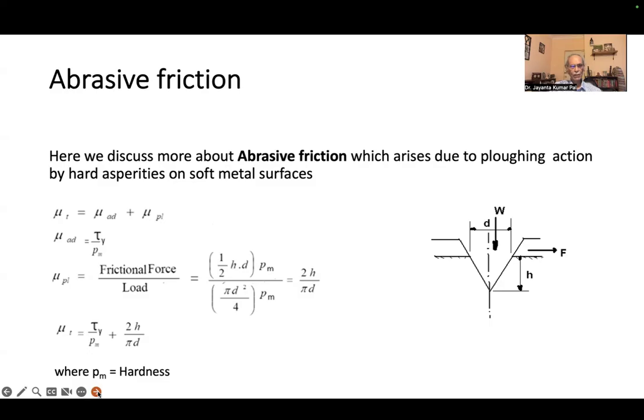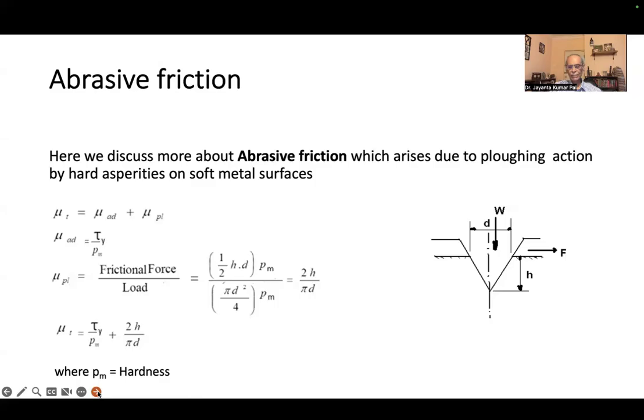So mu ploughing is equal to frictional force divided by load. Frictional force is simply the projected area multiplied by hardness, because what it is doing is ploughing, and hence there has to be plastic deformation.